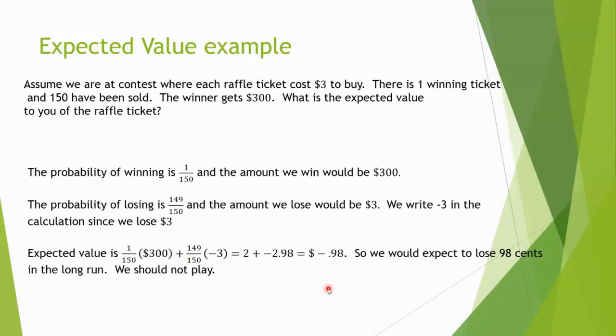So the expected value is negative here. Meaning, if this situation keeps happening, sometimes you'll win the money, sometimes you'll lose, but in the long run, you're going to lose 98 cents. 98 cents is not a lot, but in theory, we should not play the game because we're going to lose money.